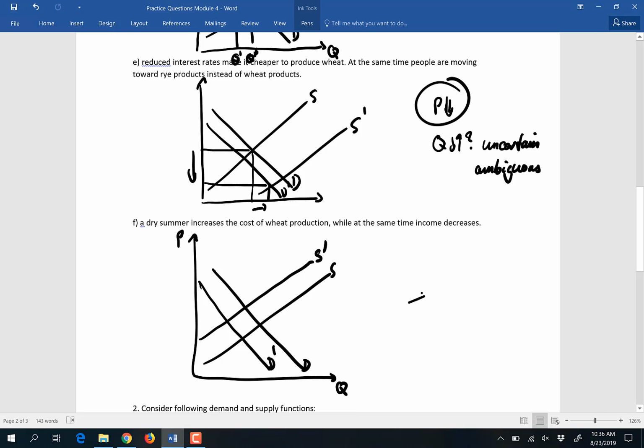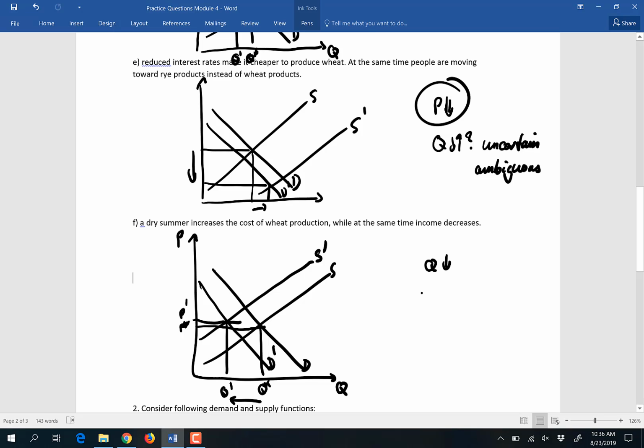What we can conclude is P star, P prime, Q star, and Q prime. We know for sure that quantity decreased. So quantity going down, we are certain about that.